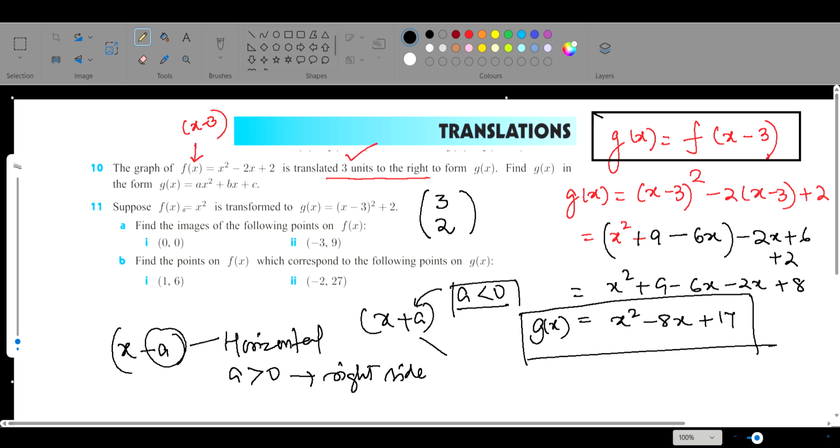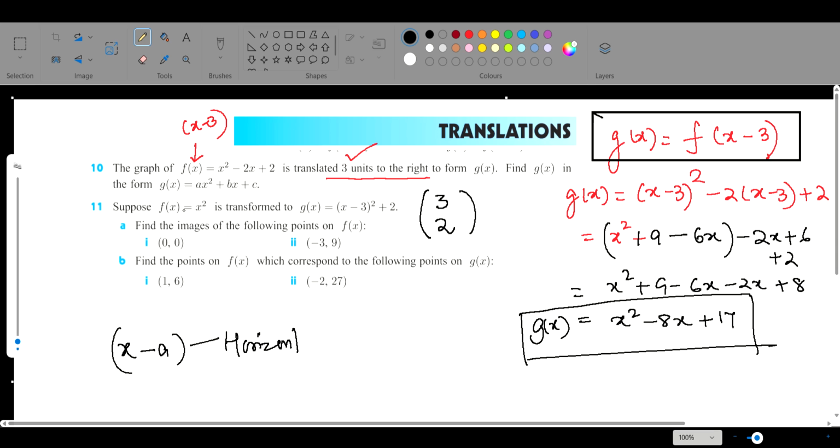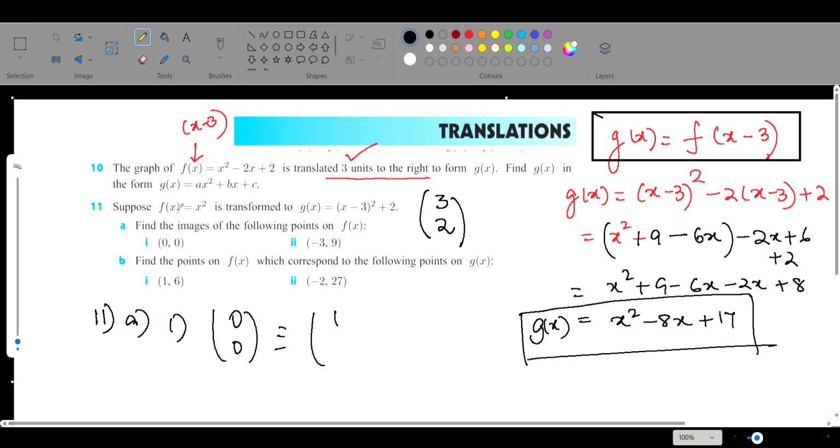So the translation units are 3 horizontally and 2 vertically, right? 3 and 2. Originally it was 0 0, now 0 0 plus 3 plus 2, where does it go? 0 0 becomes 3 and 2.